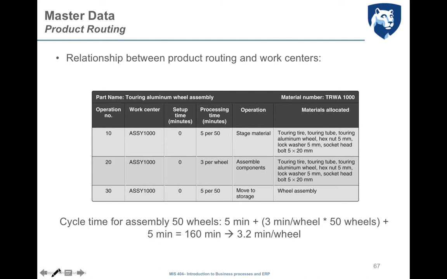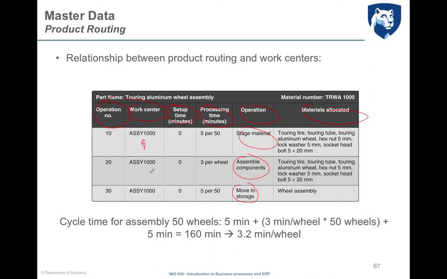So this is exactly the equivalent of the representation that we saw in the production concept part. So you have a table where operation number, work center, and time and materials and operation are described in detail. In particular, we can see that the wheel assembly has three operations: the stage materials, the assembly components, and the move to storage, all of which are completed in the same work center.